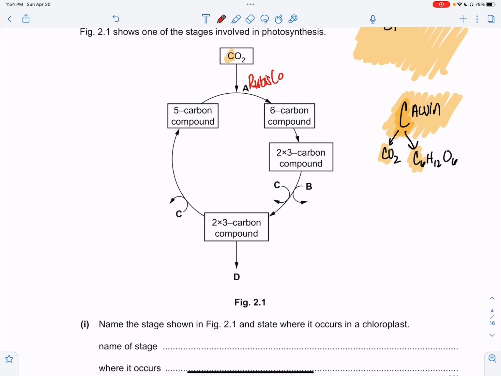You don't need to know what it stands for or writing out its whole name. Okay, a 6-carbon compound gets made, and that is very unstable. And so right away, it breaks down into 2 3-carbon compounds. And this 6-carbon compound that's made right in the beginning is not glucose.